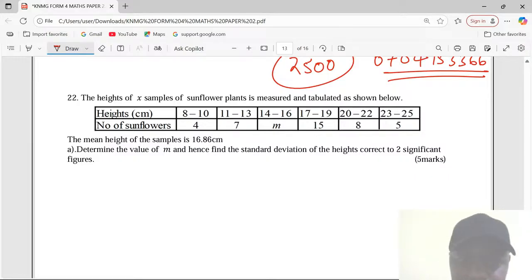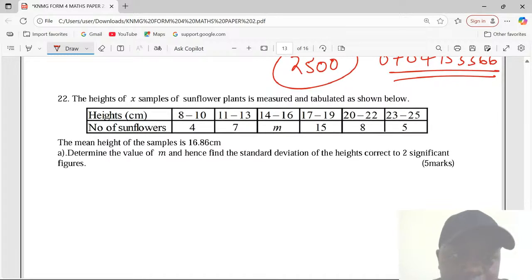Number 22. The heights of X samples of sunflower plants is measured and tabulated as shown below. This one I'll explain as I work out the values from the calculator.